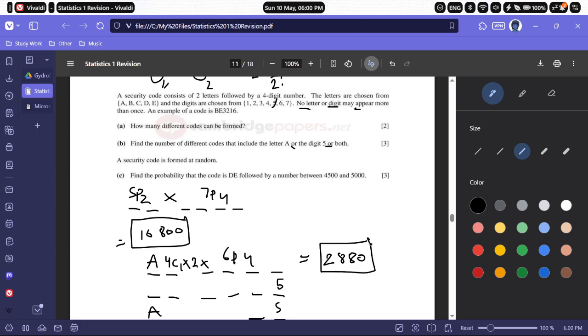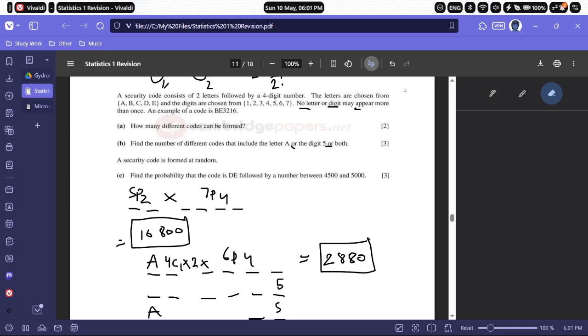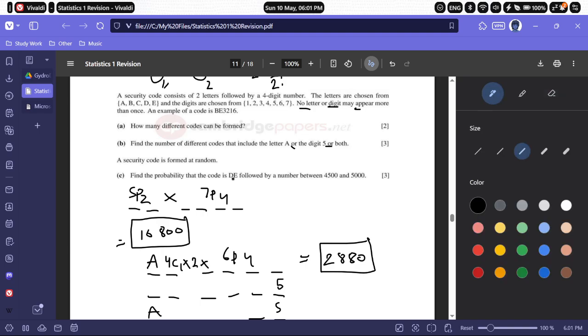Okay. Now for the second case, you just use the same logic again. So you won't consider A for this. Wait, let me just erase that. For the first case, wait, why are you doing 6P3? You have four blanks, right?